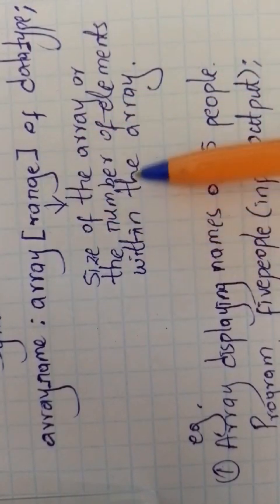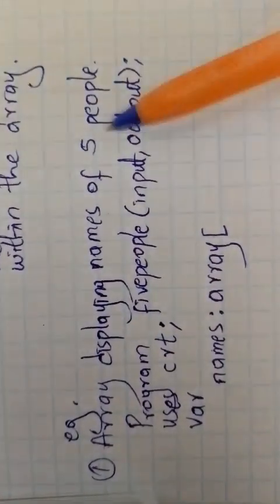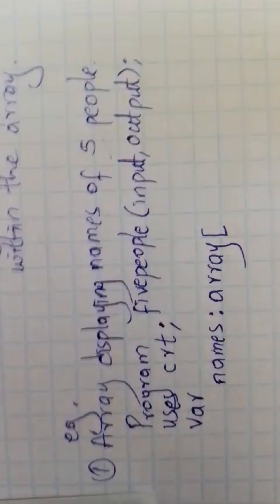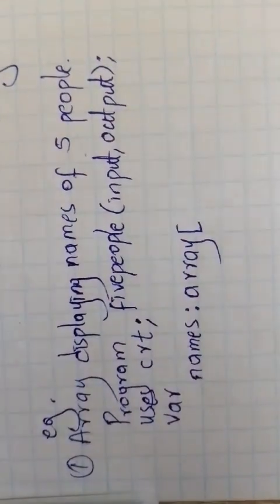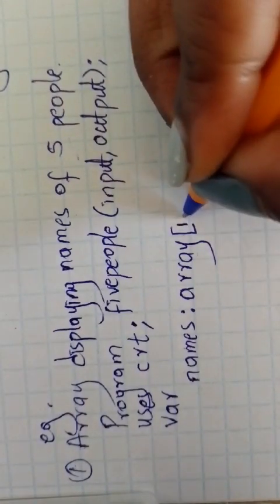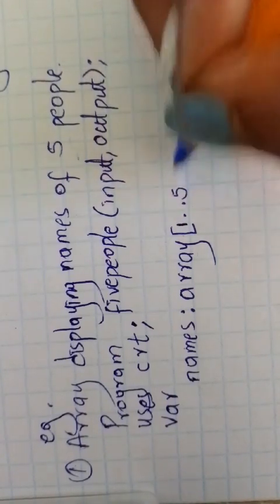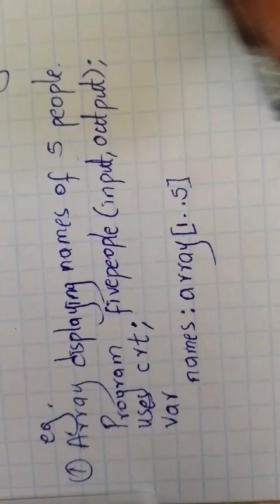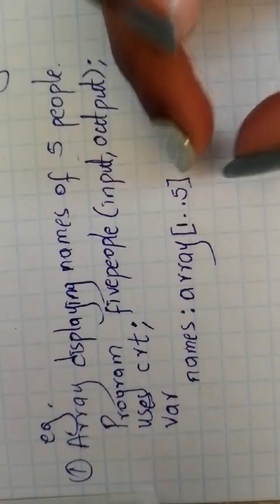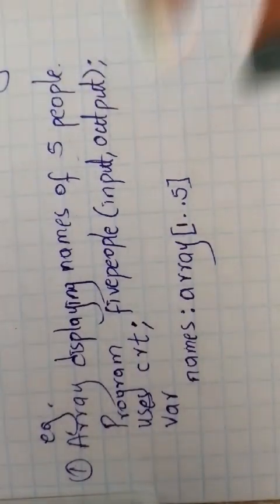For the range, which is the size of the array or the number of elements within the array, our question is looking for the names of 5 people. So our array will have 5 inputs. So the first 2 dots, make sure there are 2 dots, and 5, to specify that the size of our array is 5 elements, being the 5 names of 5 people.